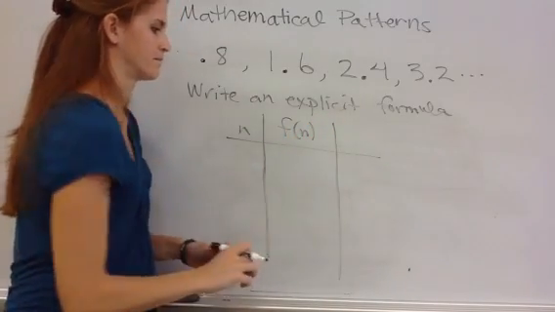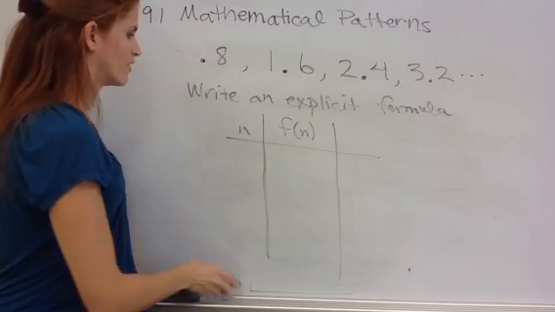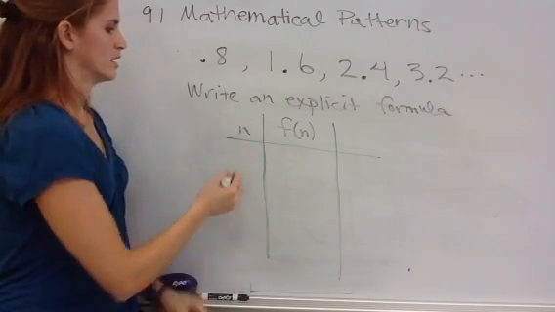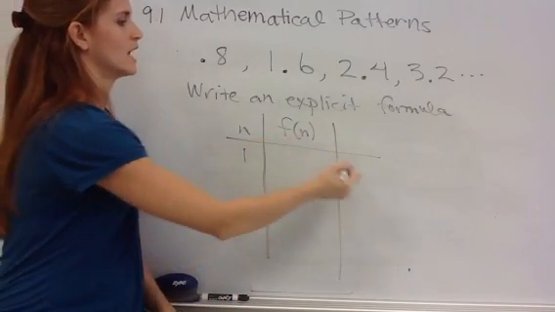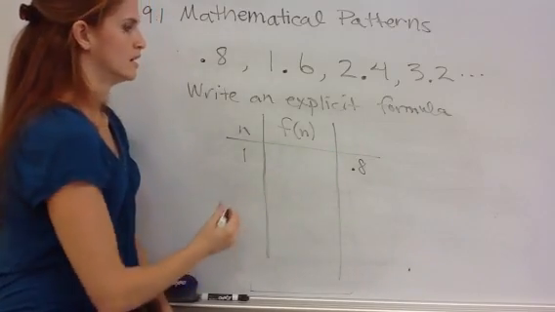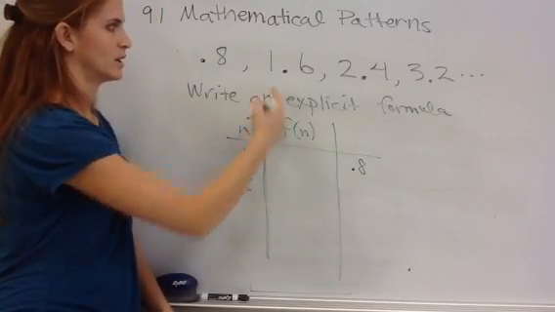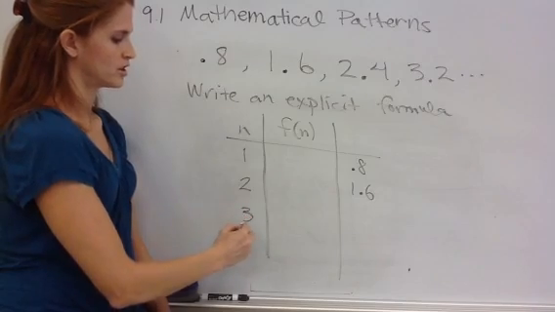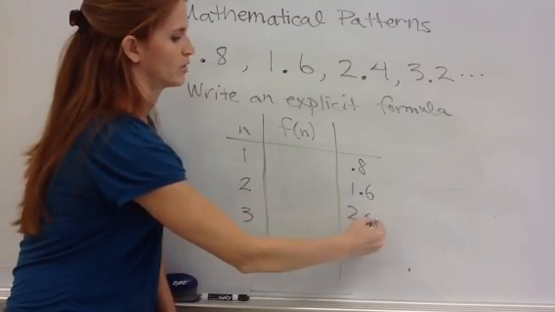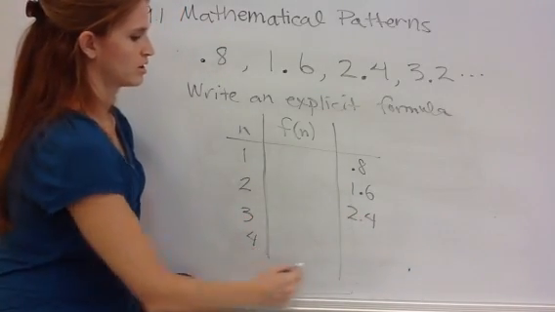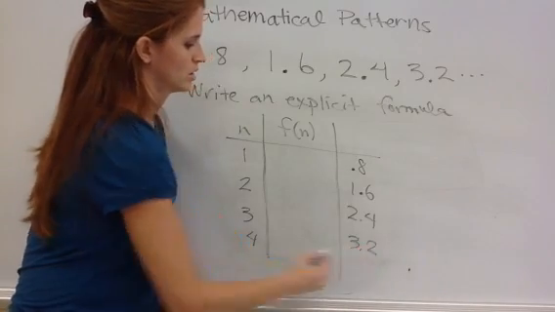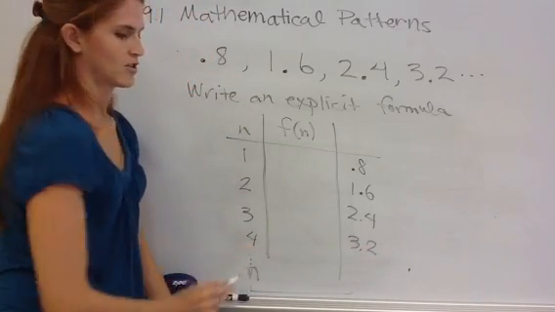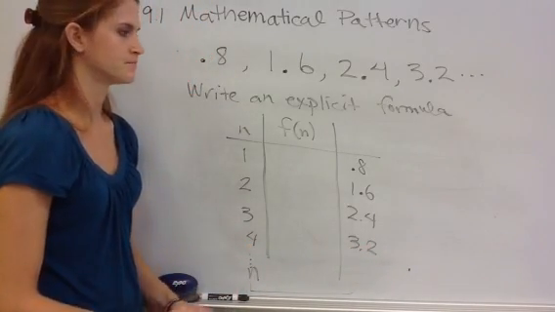What do we get? For the first term in the sequence, I get 0.8. For the second term, I get 1.6. For the third term, 2.4. For the fourth term, 3.2. So what am I going to get at the nth term? That's what I want to find out.